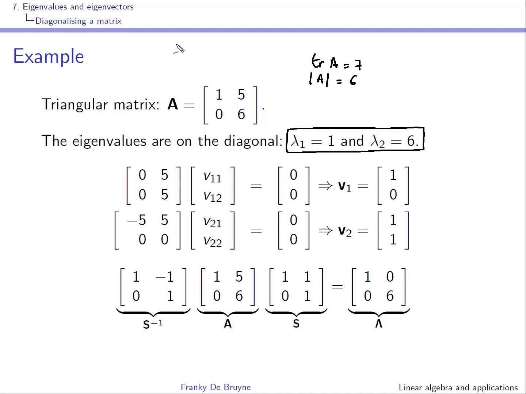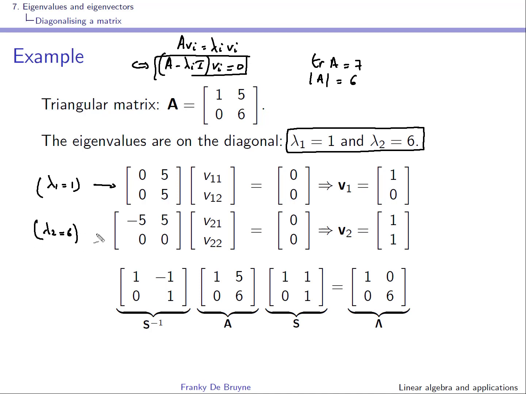We find the eigenvectors by considering the problem A vi is equal to lambda i vi, or equivalently A minus lambda i times the identity matrix times vi is equal to 0. So this is what we obtain here for lambda 1 equal to 1, and this is what we obtain for lambda 2 equal to 6.